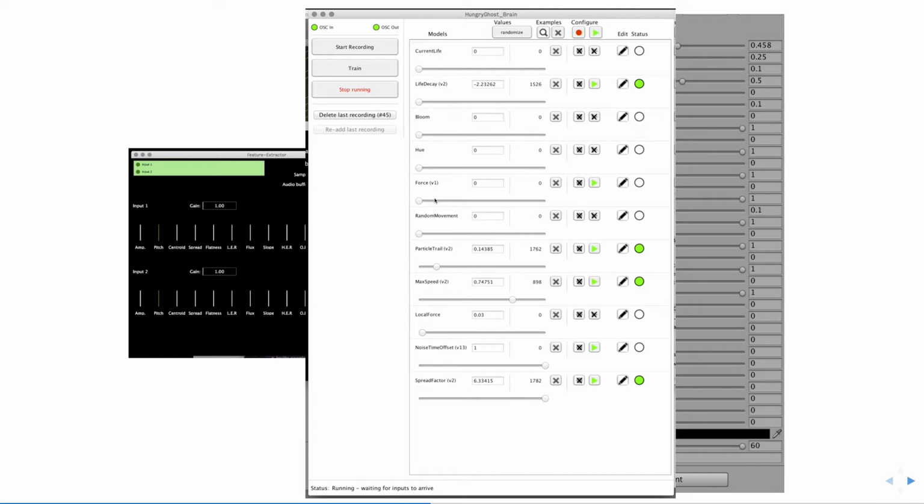Let's put these sliders to the maximum and then make a lot of sound, record the sound, and then the Wekinator is able to say, okay, that means when there's a lot of sound, I want this to be up, and when there's no sound, I want this to be down. So it learns to respond, and we got some amazing emergent behavior. This worked really well, and we got a lot of good reviews.